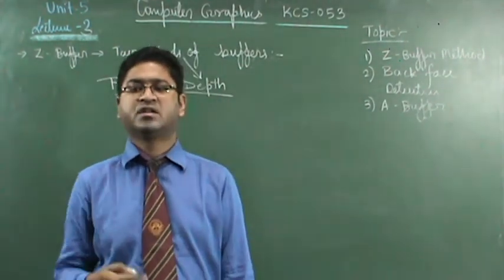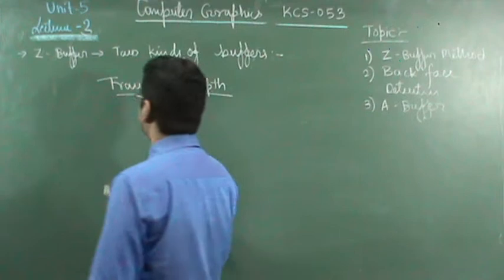The Z coordinates are usually normalized to the range 0 to 1.